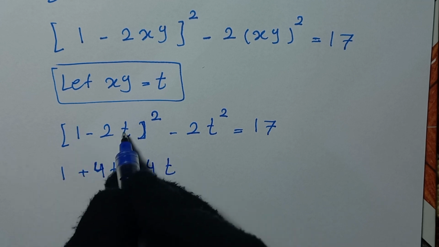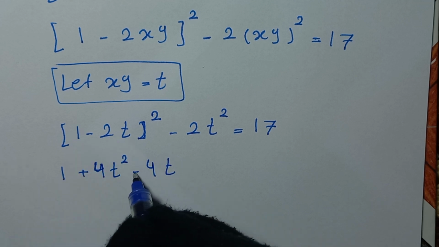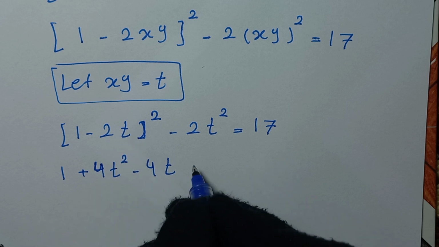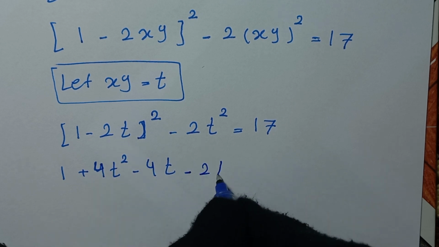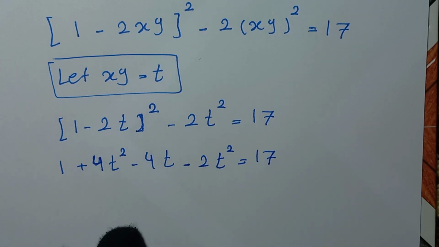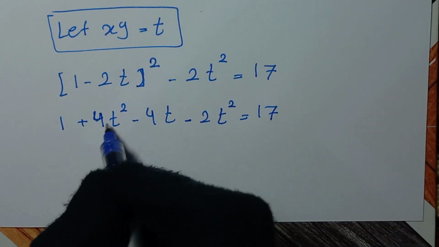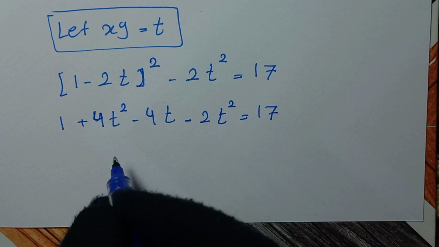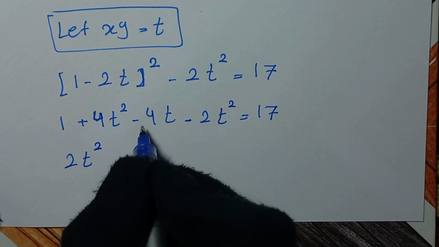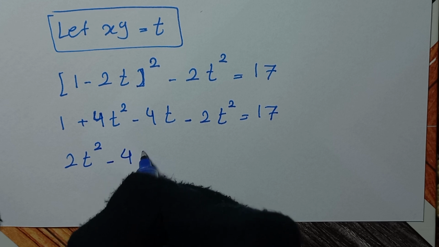This to the power of 2 plus this to the power of 2, and minus 2 times 1 times 2t, it will be 4t. And minus 2t squared is equal to 17. And here it will be 4t squared minus 2t squared, it will be 2t squared and minus 4t.